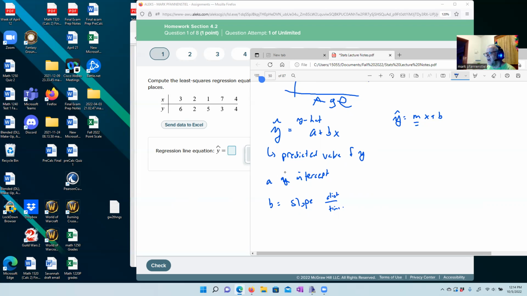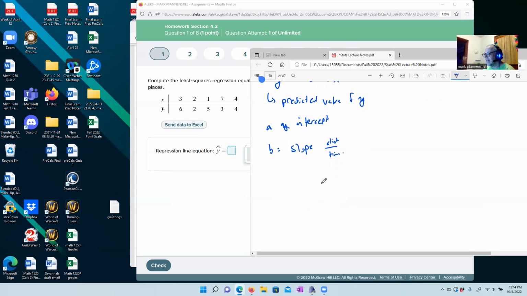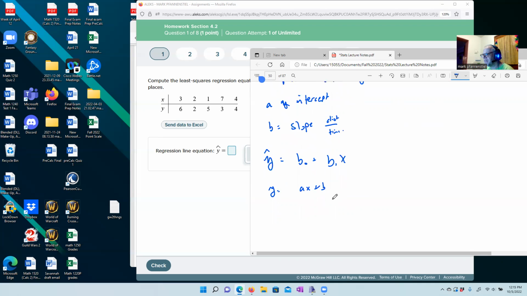There are other books and other stats classes that would use y equals b0 plus b1x. That's where the b's come from. Some calculators use y equals ax plus b, keeping the y equals mx plus b idea. So there's no regulated way of doing this, just because different books have different objectives and different goals.